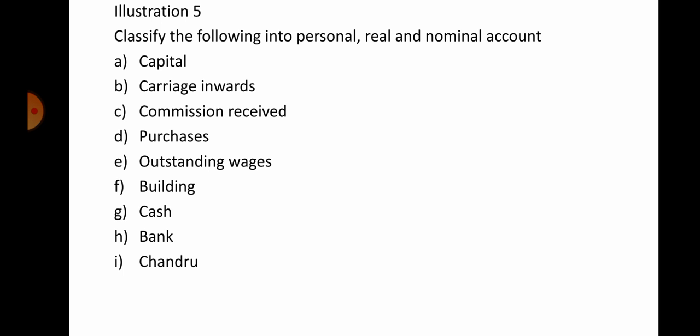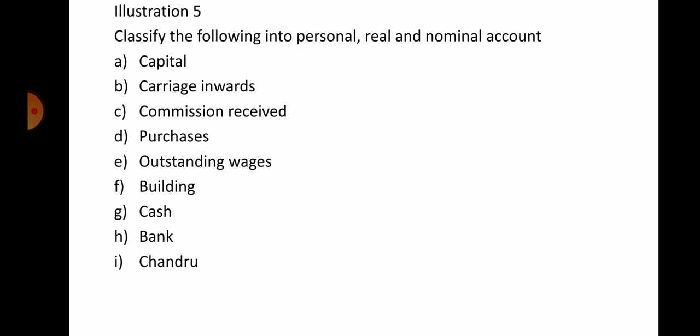Okay. Next, commission received. Commission received is an income. For example, if I am working in an industry, if I produce 100 units, they will give me salary. If I produce more than 100 units, they will give something as commission. Okay. That is called commission received. It is an income. All incomes will be entered in the nominal account.